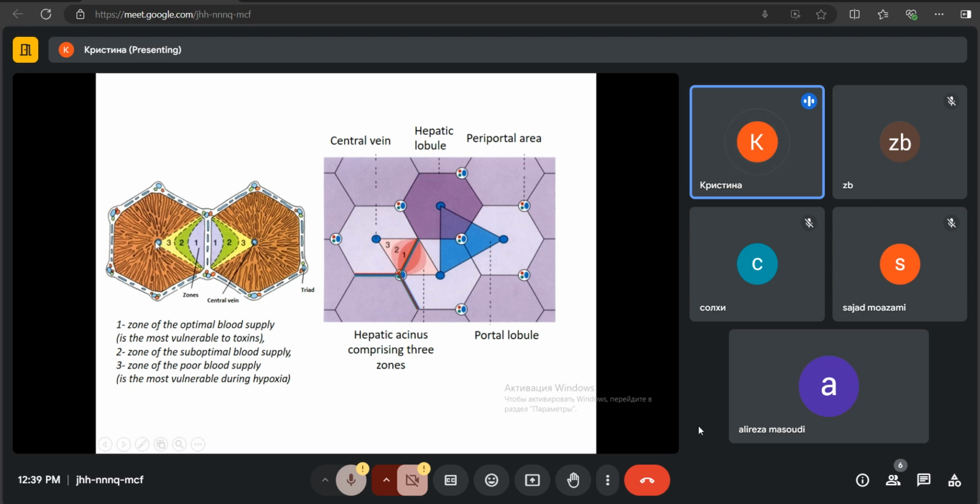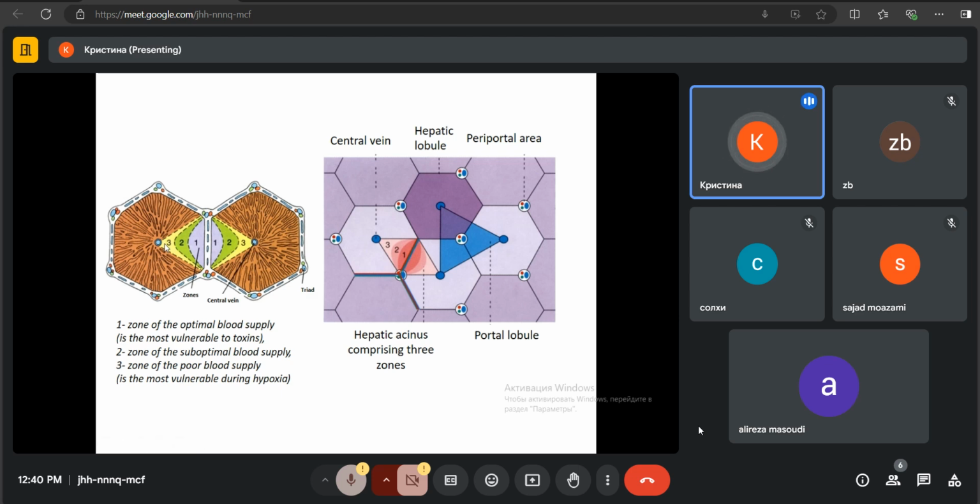It means that if the blood brings to the liver a very small amount of oxygen for some reasons, all the oxygen will be consumed by the hepatocyte of zone 1. And the rest of oxygen will be taken by the hepatocytes of zone 2, and no more oxygen will come with blood to hepatocytes of zone 3.